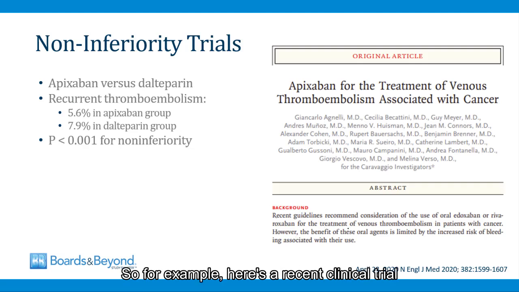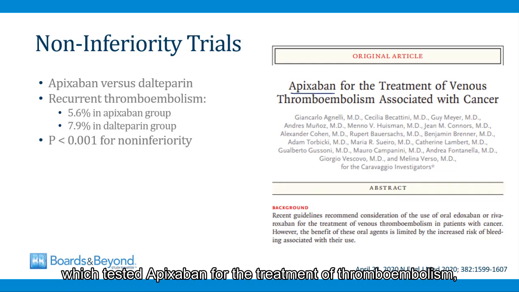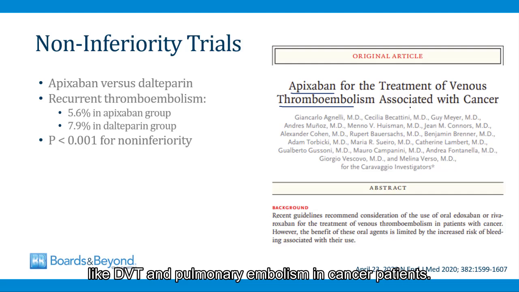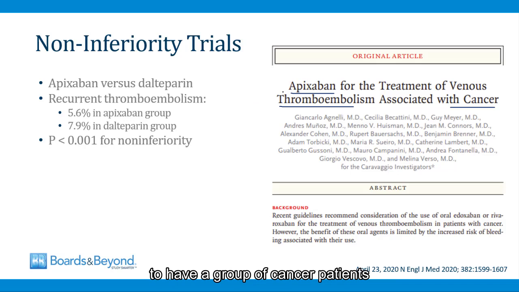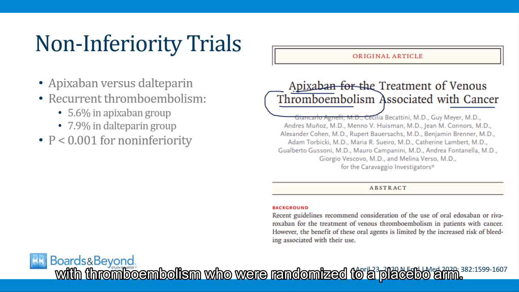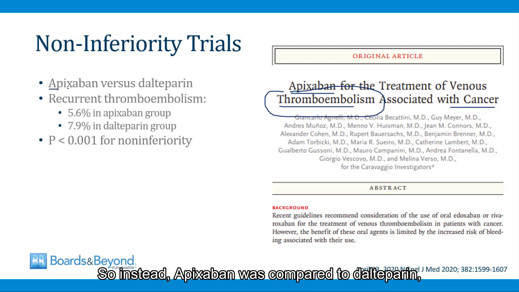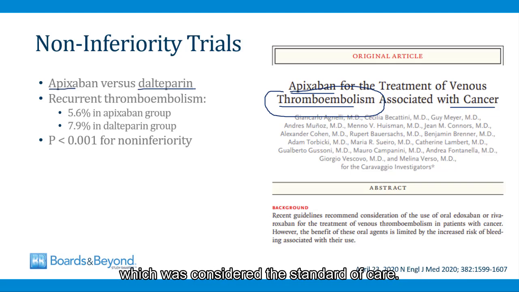So for example, here's a recent clinical trial in the New England Journal of Medicine which tested apixaban for the treatment of thromboembolism like DVT and pulmonary embolism in cancer patients. It would be totally unethical to have a group of cancer patients with thromboembolism who were randomized to a placebo arm. So instead, apixaban was compared to dalteparin, which was considered the standard of care.